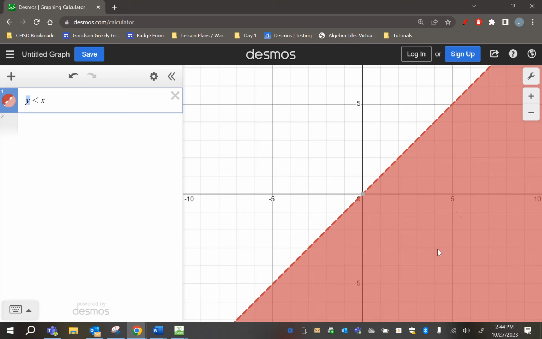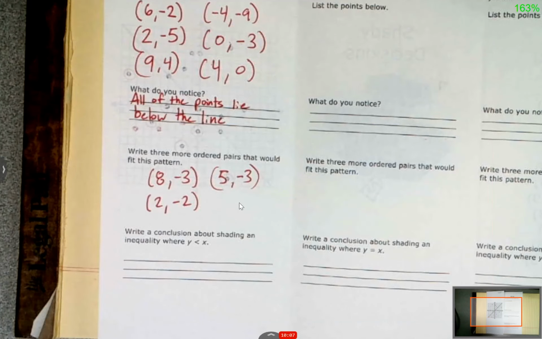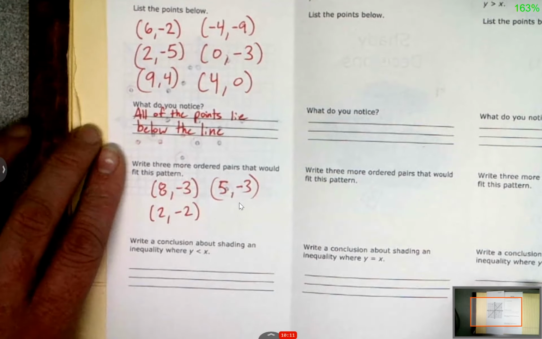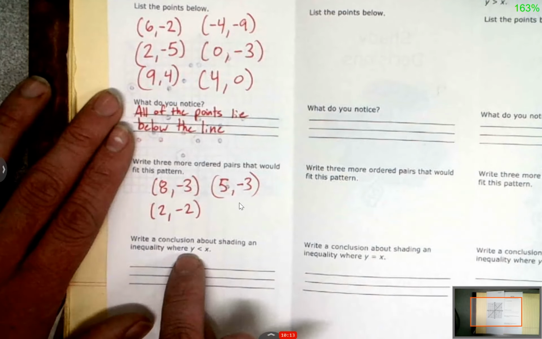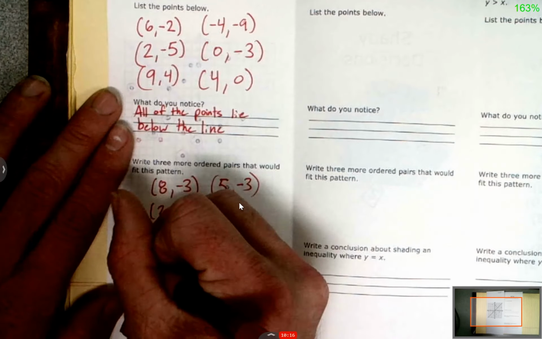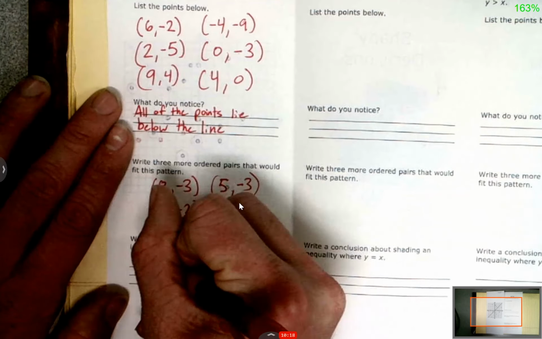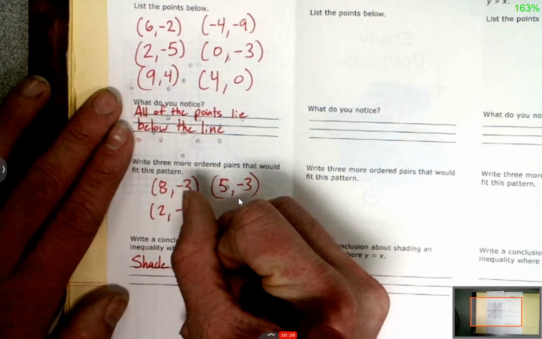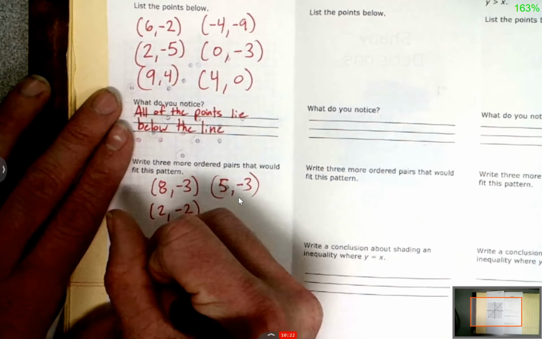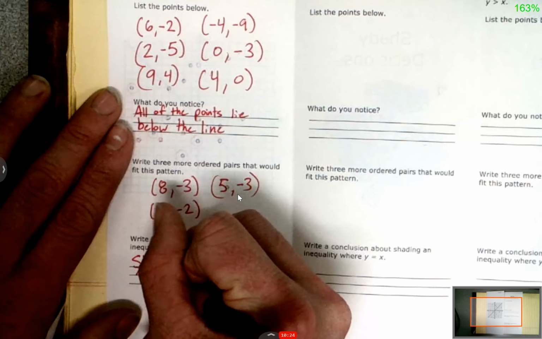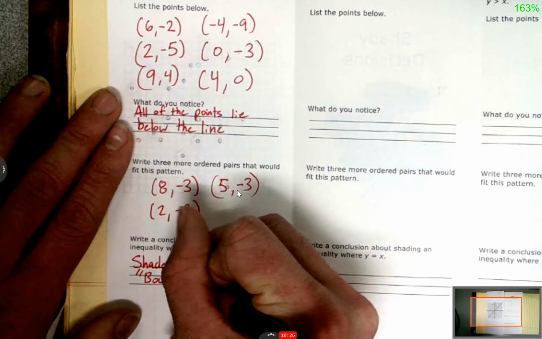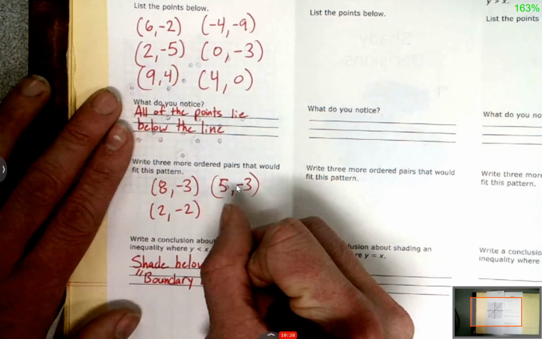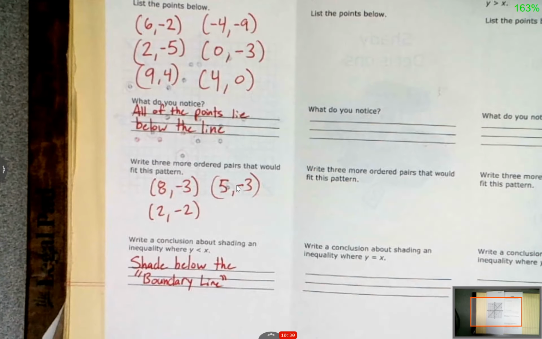And my solution is below this line. So what we're writing here is that the conclusion you can draw about shading an inequality where y is less than x is that you're going to shade below the boundary line, which is what we call the line that separates my solutions from my non-solutions.